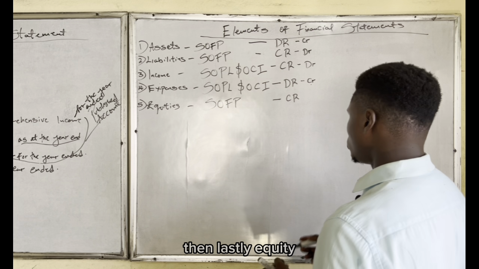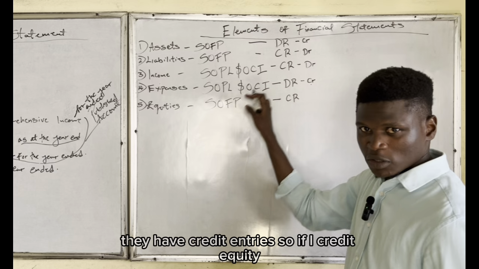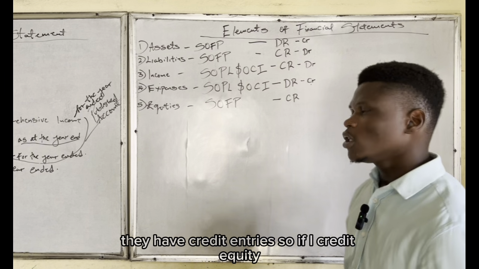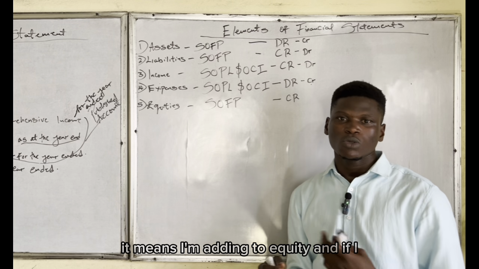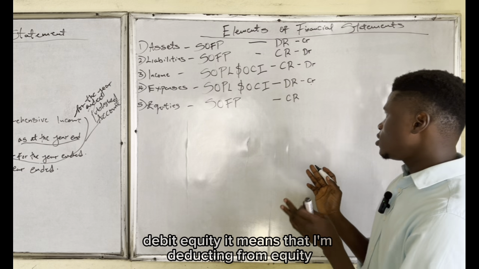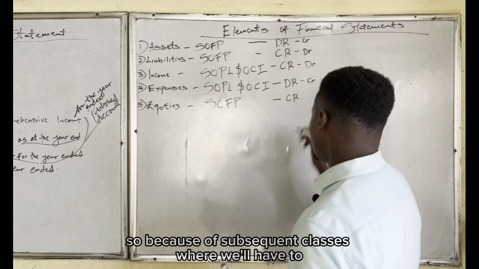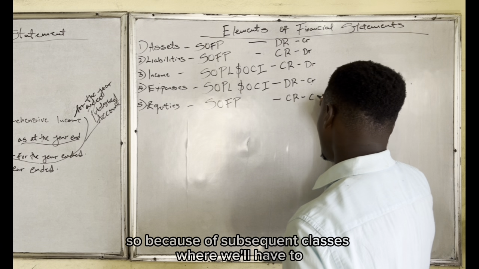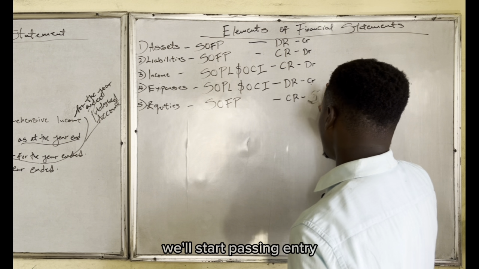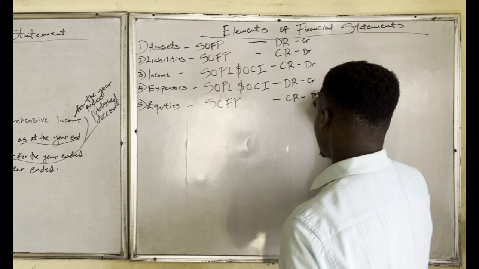Then lastly, equity has a credit entry. If I credit equity, I'm adding to equity, and if I debit equity, I'm deducting from equity. This matters because of subsequent classes where we'll start passing entries.